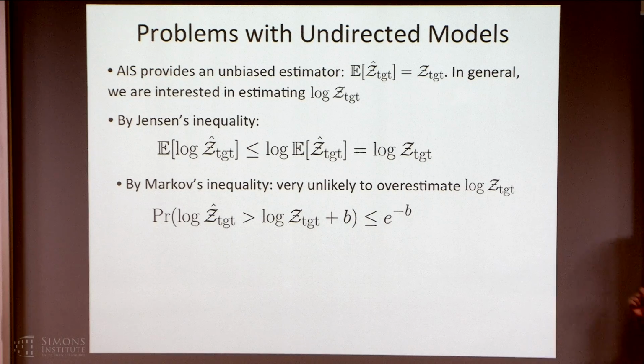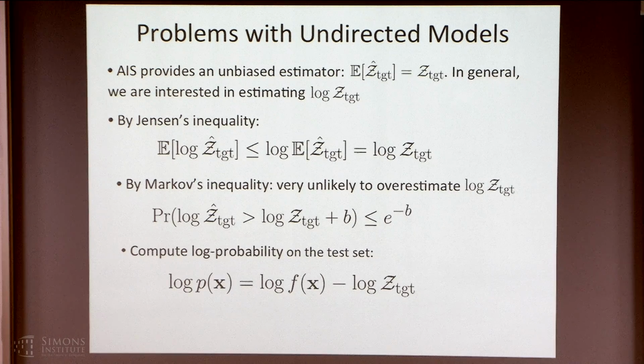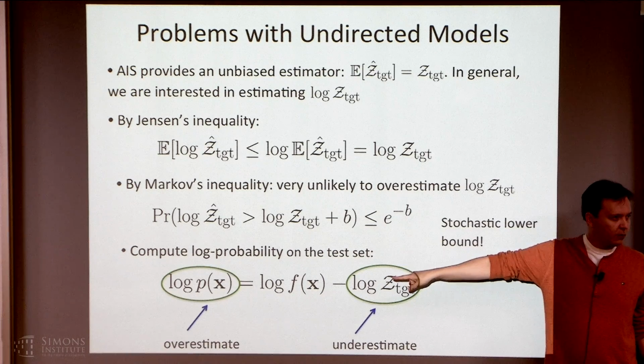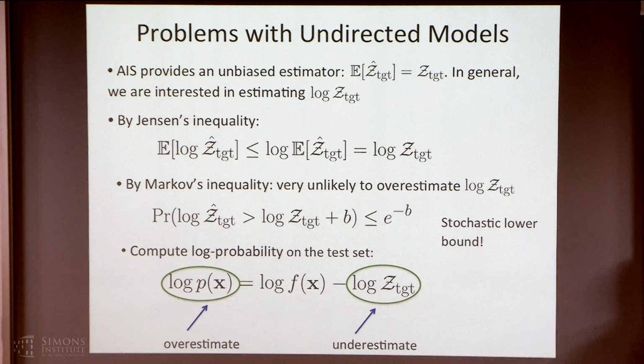So why does it matter? It matters because if you're trying to estimate log probability on a test set, this is your log of the unnormalized probability minus log of the partition function. So if you underestimate this quantity, you overestimate log probability. And that's very bad, because it means if I do a sloppy job at estimating this quantity, my model will look really good.